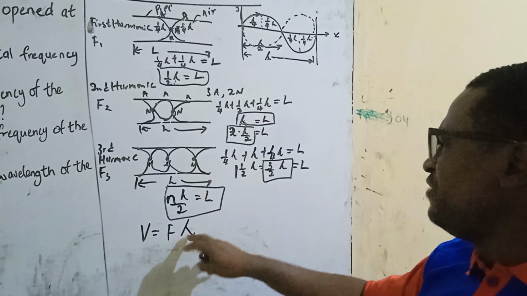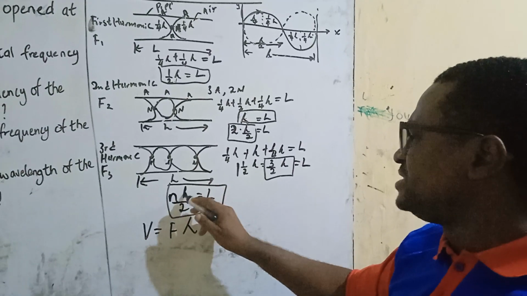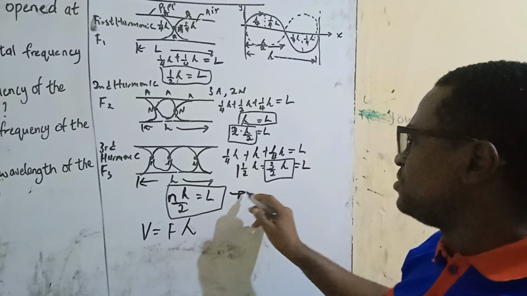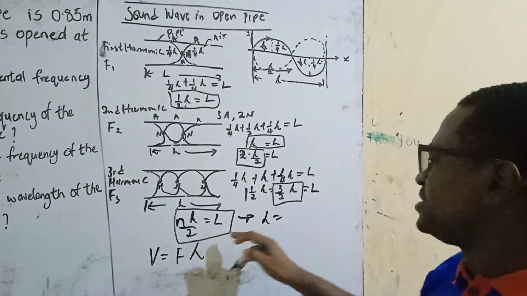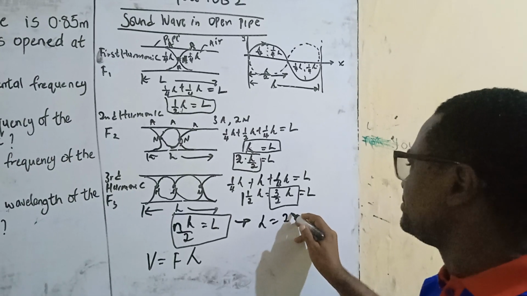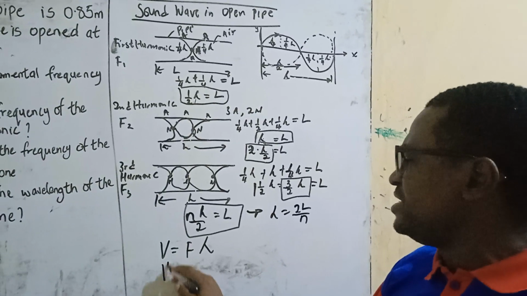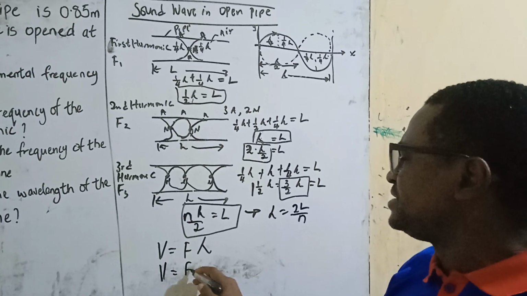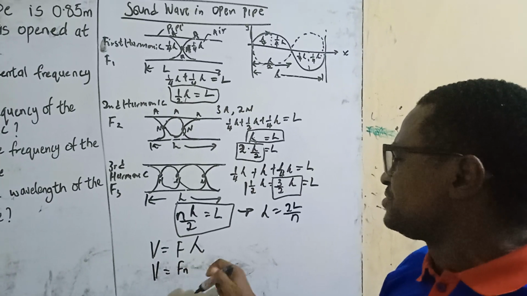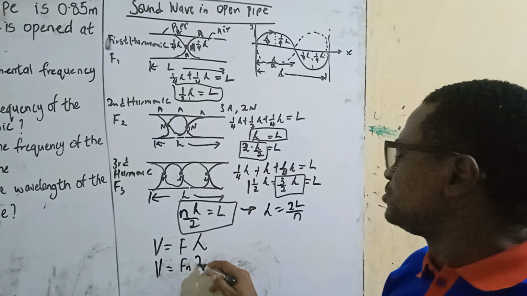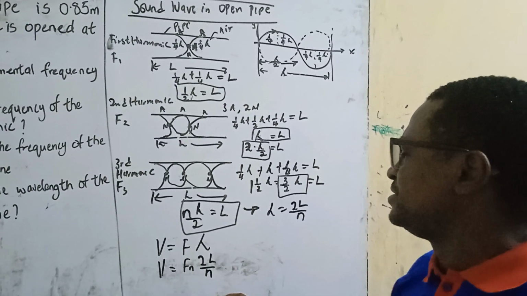Now, if we make wavelength the subject of the formula, you cross multiply, we're going to have 2L divided by n. When we substitute here, we have v is equal to frequency, nth frequency, times 2L divided by n.